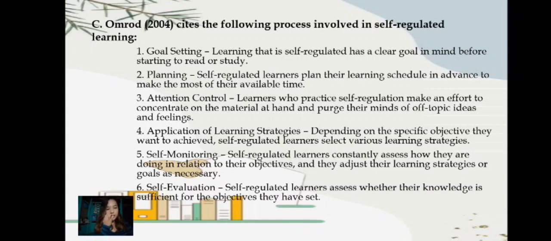And lastly is self-evaluation. Self-regulated learners assess whether their knowledge is sufficient for the objectives they have set. This means they determine whether what they have learned is sufficient for the goals that they have set.